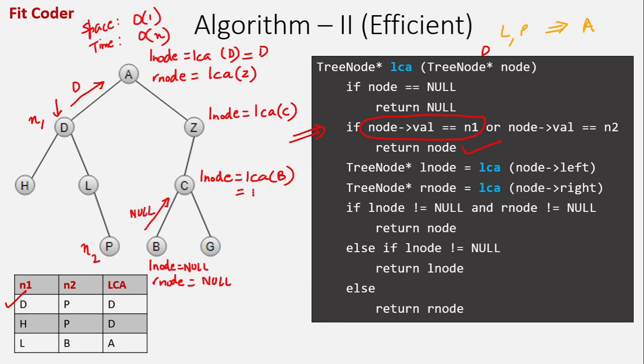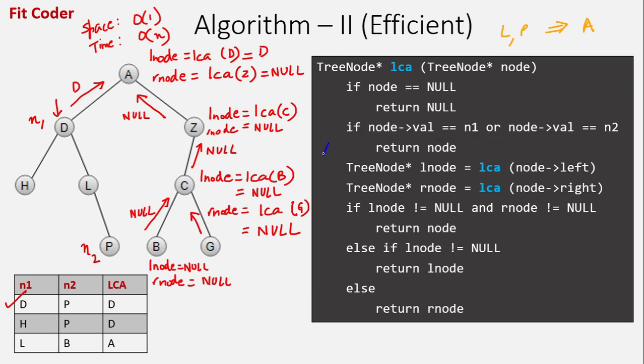So L node at C is null, and then we calculate R node at C, which is LCA for G. So function at G will also return null because left node and R node are null. So R node at C also becomes null. So LCA for C also returns null. So L node value at Z becomes null, and R node is also null because right of Z is null. So LCA for Z returns null to A.